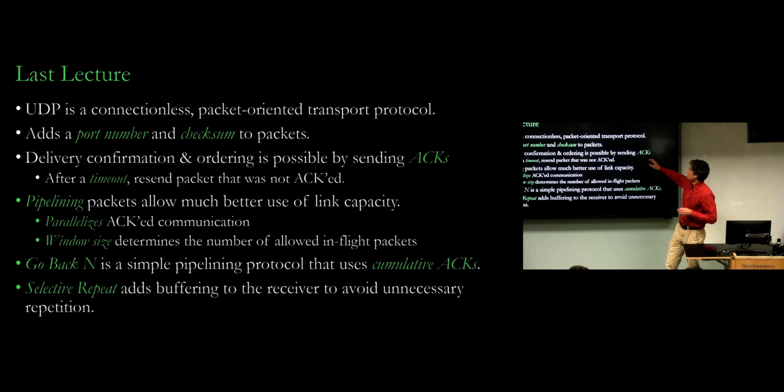And this is done by sending acknowledgement packets back from the receiver to the sender, positive acknowledgements. And we introduced the concept of a timeout, which is used by the sender to realize that a packet was never received. And when a timeout happens, the sender resends the packet. And that's how things eventually get from the sender to the receiver, even though the transmission is unreliable. That's the general idea.